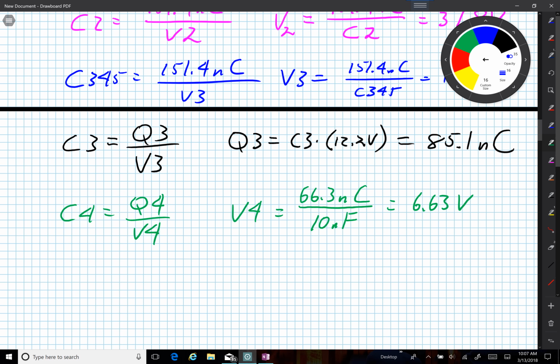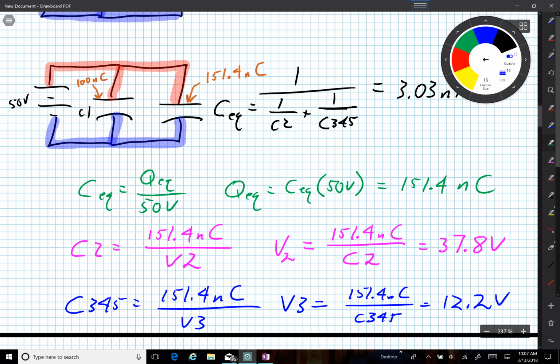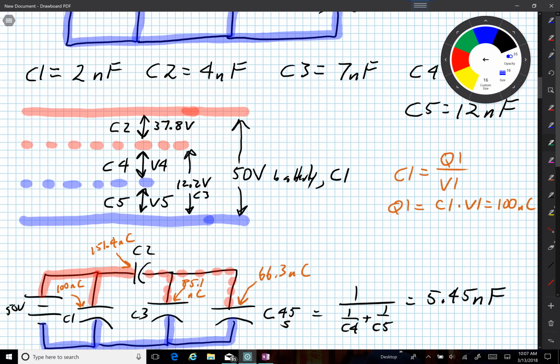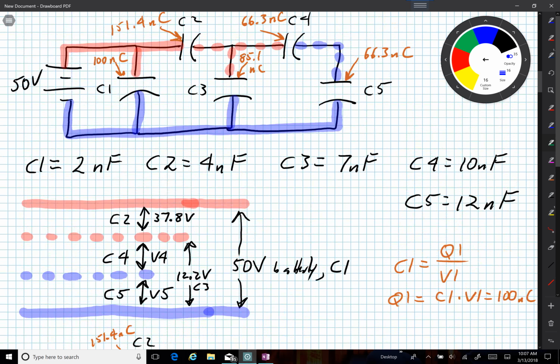Okay, so V4 is 6.63 volts. So we go back up to our ladder. So across here, V4 is 6.63 volts. Okay, and I'm going to round it off, 6.6 volts. All right. Keep my diagram a little cleaner.